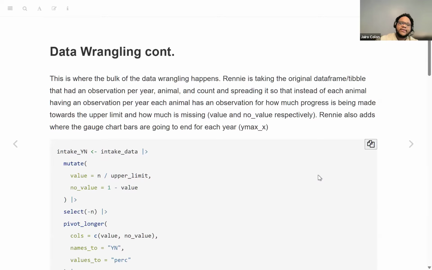So the bulk of the data wrangling happens in this next chunk of code, where she's really manipulating the data. She's taking it from the original data frame, where each animal type had an observation for a year, and spreading it so that instead of being per year, it's an observation for how much progress is being made towards the upper limit and how much progress is missing.